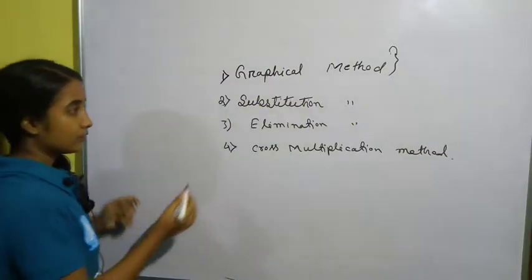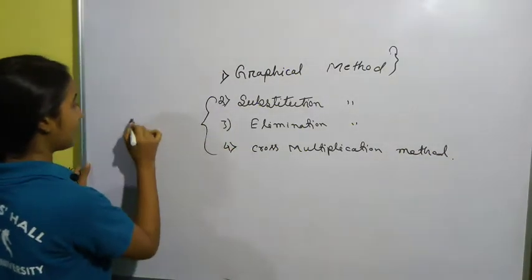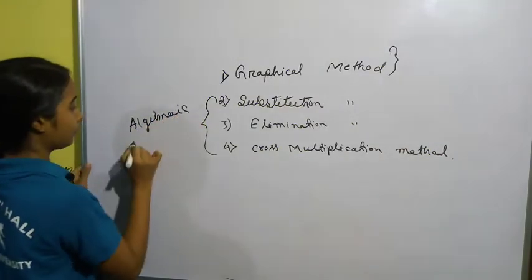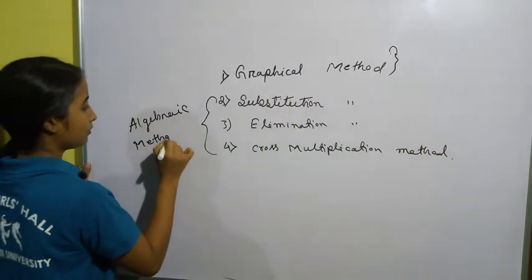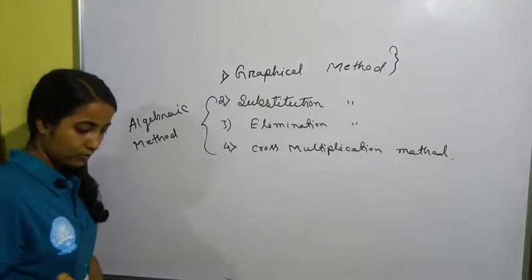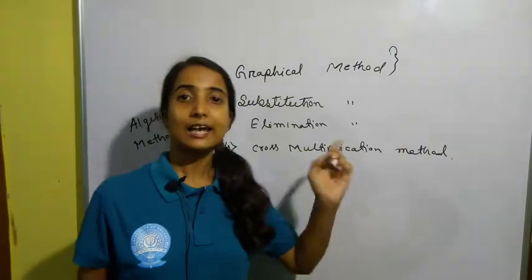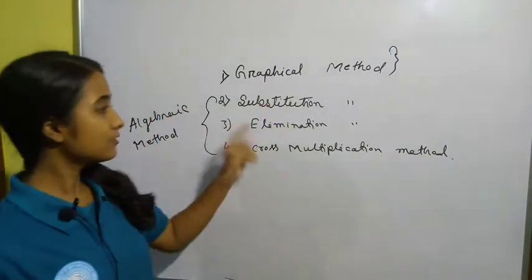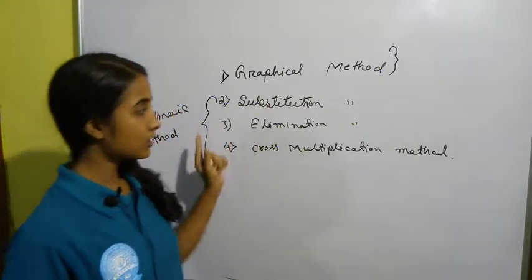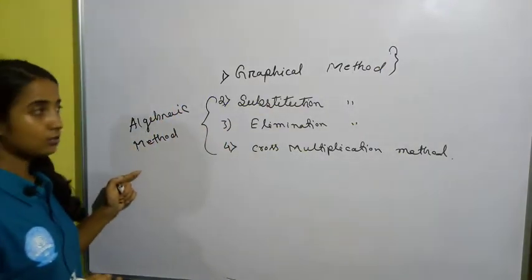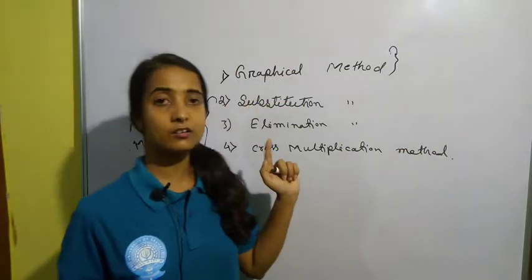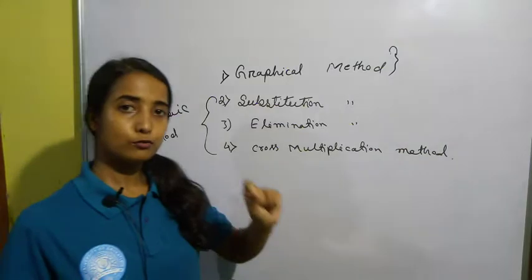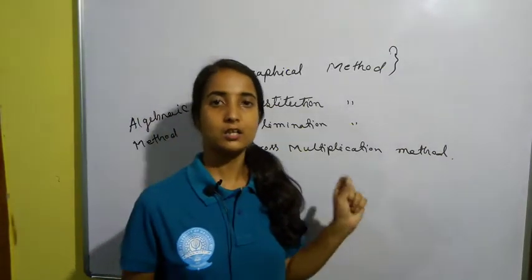Therefore, these three methods are called algebraic methods, because we use only calculation, plus, minus, multiplication, and division, in these three methods. And this method is called the graphical method as we use a graph to solve the pair of linear equations.